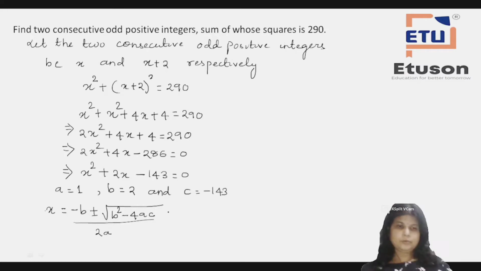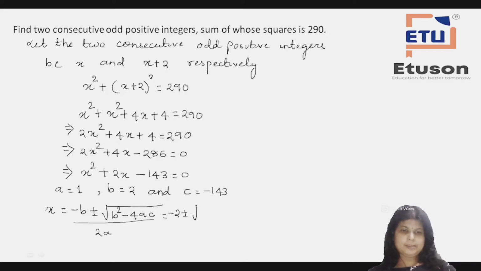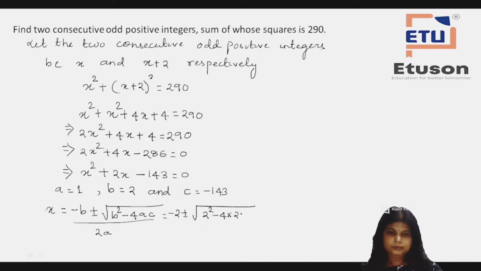So that is minus 2 plus or minus square root of 2 square minus 4 into 1 into minus 143, divided by 2.